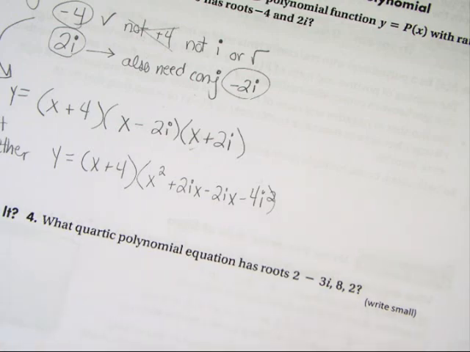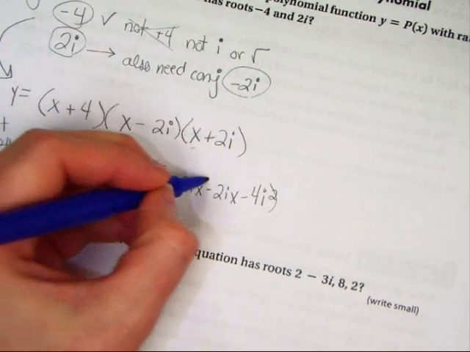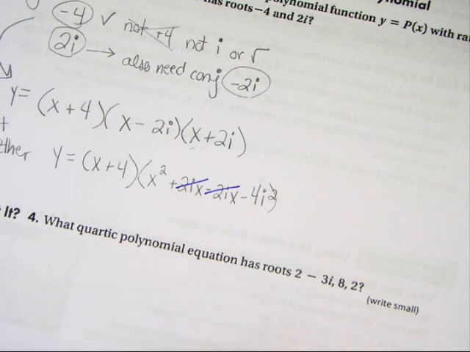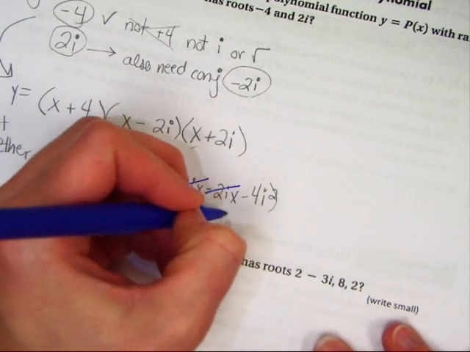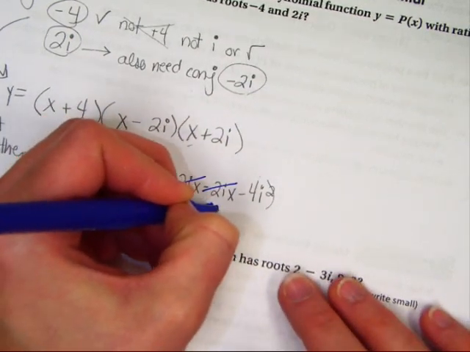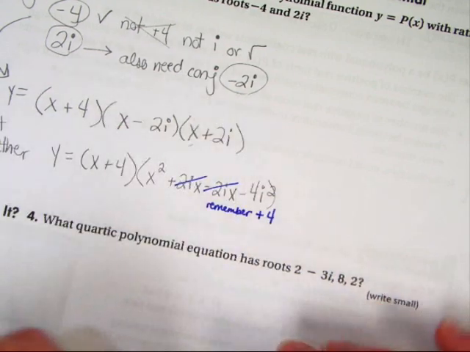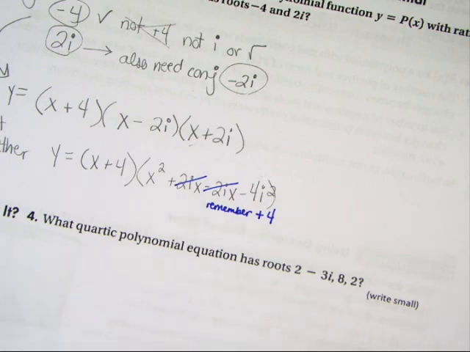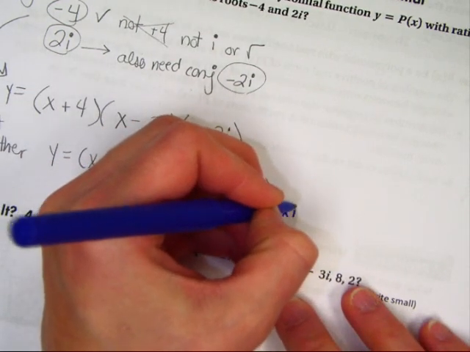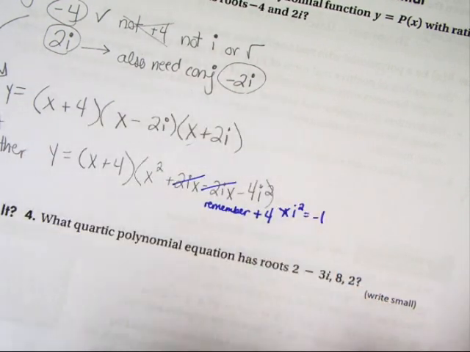How much do you guys really remember from i's, imaginary numbers? Those cancel out, and this, remember, is a plus 4 because i squared is a negative 1. That you just had to remember way back when.